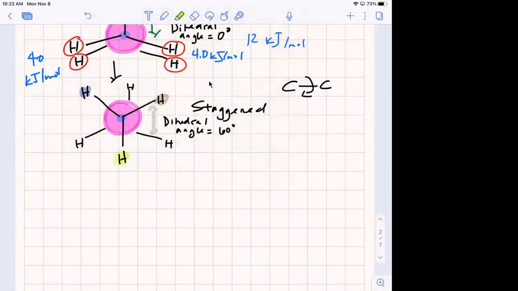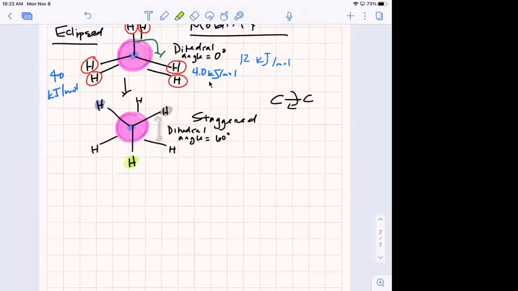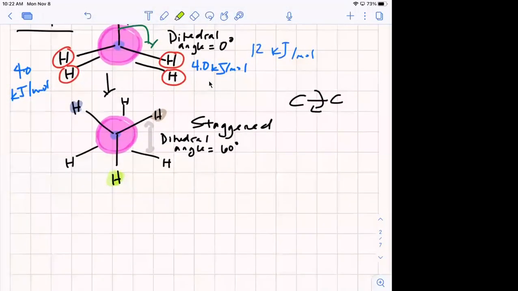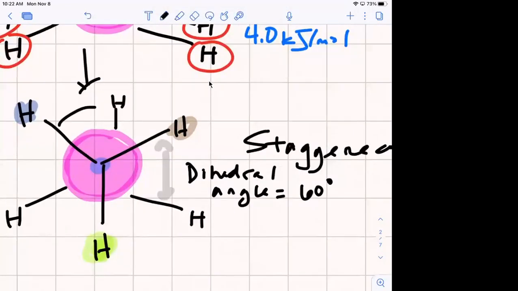So these 3 hydrogens right here, when I rotate again, I'm continuing to rotate, and I'm rotating it clockwise. I'm just going to rotate again clockwise that way.